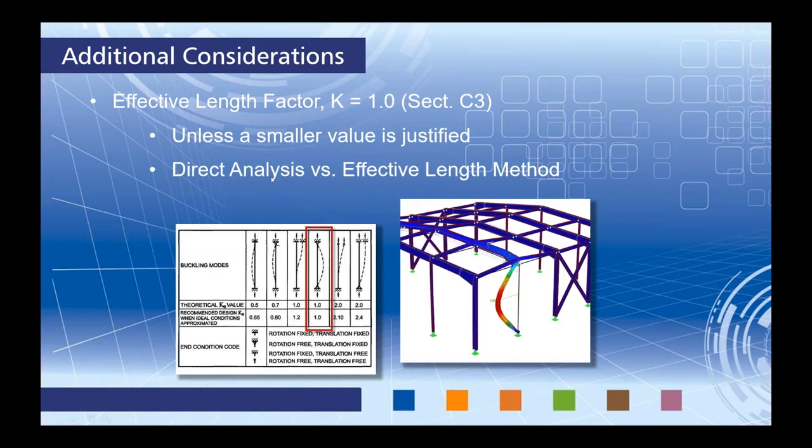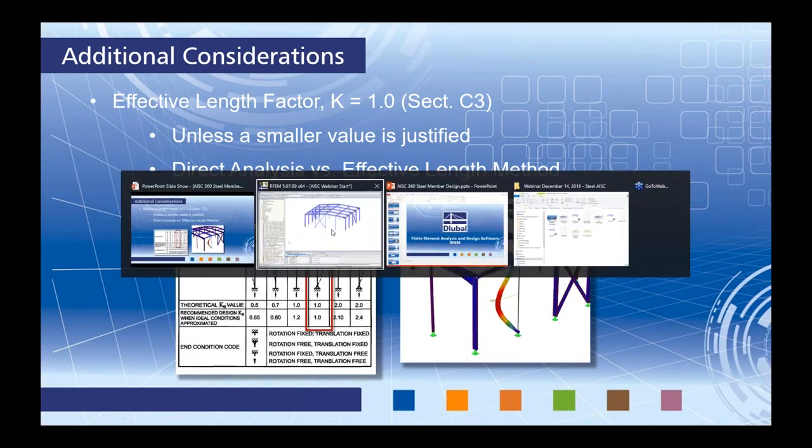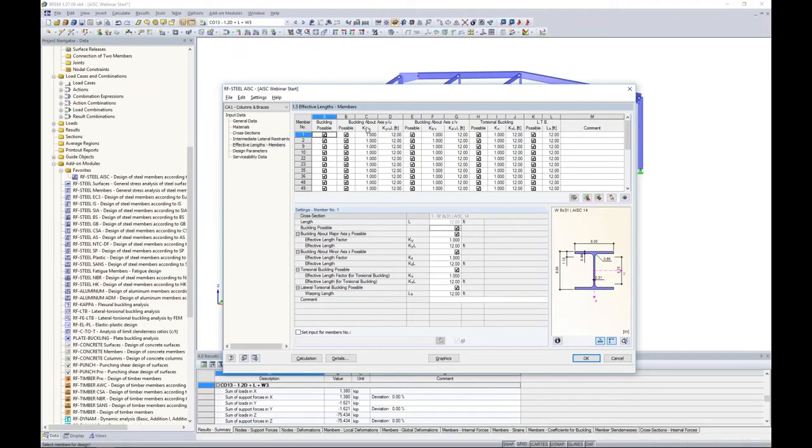With the direct analysis method, we take all of those uncertainties into account with our stiffness modifications. So this is one big advantage of using the direct analysis method: I don't have to worry about my K factors anymore. I can just set them all equal to 1.0. Back in the program, you can see that that is the default, so I don't need to touch any of my weak axis, strong axis, or torsional buckling K factors.